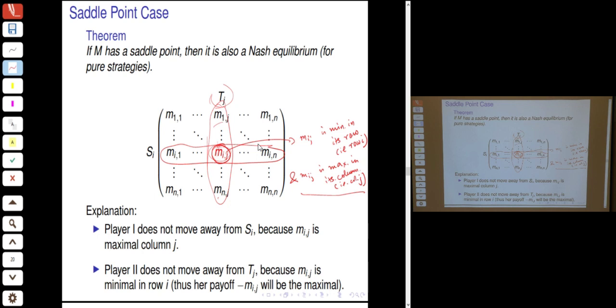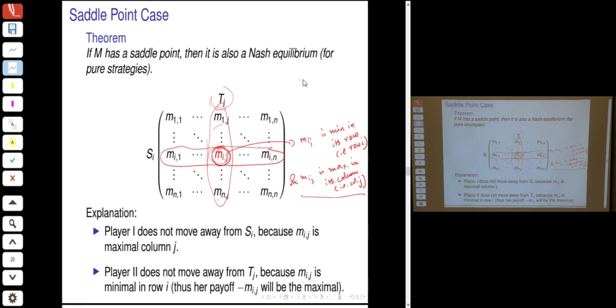And then it makes sense for player 2 to move away from strategy J to some other strategy J prime only if his payoff increases, right? Then only it makes sense to move away.